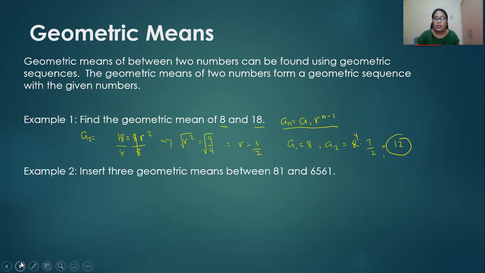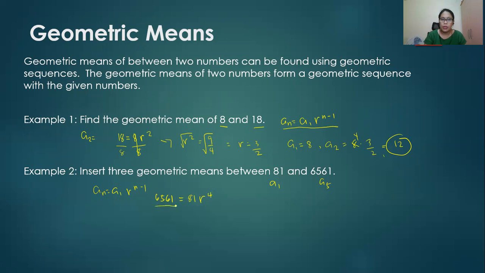Now here we're going to insert 3 geometric means between 81 and 6561. Take note that this is a sub 1 and this is a sub 5. Substituting the given in the formula, we have 6561 for the fifth term equals the first term a sub 1, 81, times r to the fourth.